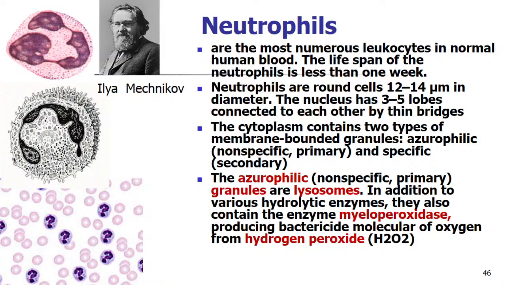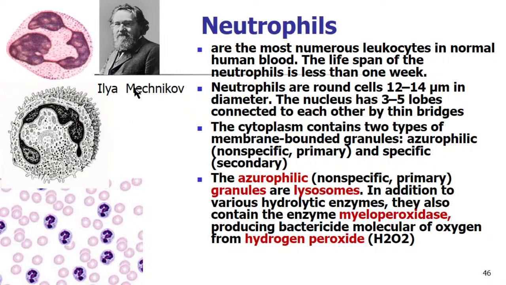The azurophilic non-specific primary granules are lysosomes. Lysosomes are the more dense granules. In addition to various hydrolytic enzymes, they also contain the enzyme myeloperoxidase. This is a special identification of neutrophils. The enzyme myeloperoxidase produces the bactericidal molecule of oxygen from hydrogen peroxide.